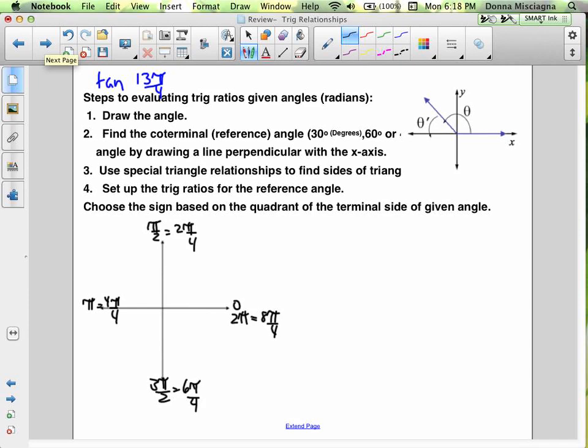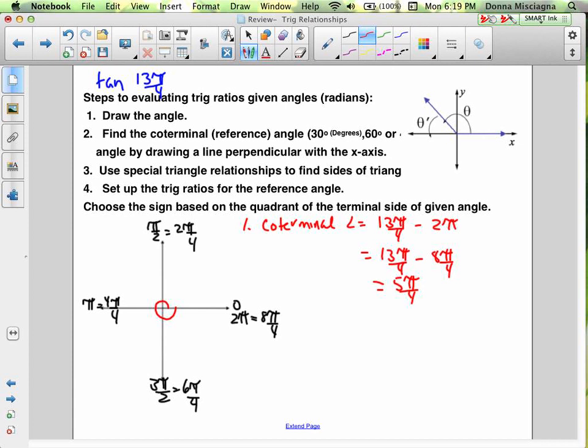All right, let's figure out how much more by finding a coterminal angle. When we're graphing our angle, it goes all the way around the circle, and now let's figure out how much more it goes. So step one, we're going to find a coterminal angle. That's going to be equal to our given angle, 13 pi fourths, minus 2 pi, right, because we are too big. 2 pi is the same as 8 pi fourths, so that would be 5 pi fourths.